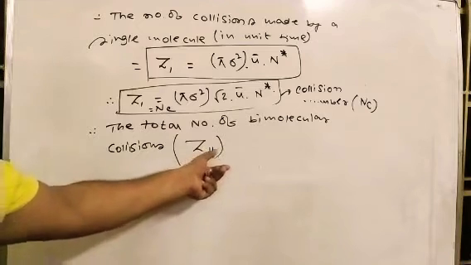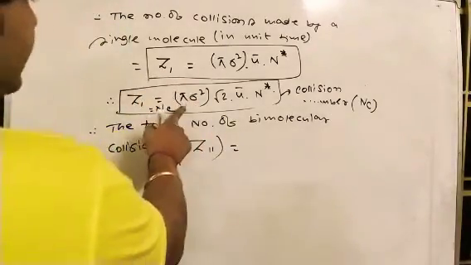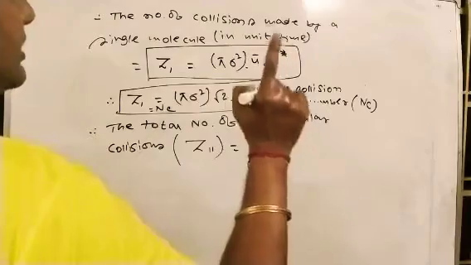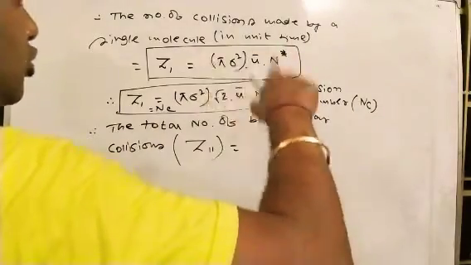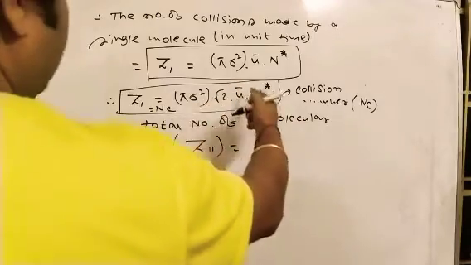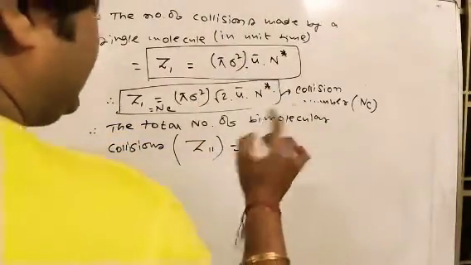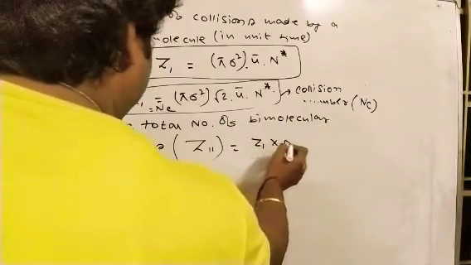So how much should it be? It should be equal to, what is Z1? What is this value, Z1? Z1 is the number of collisions taken by a single molecule. So total number of molecules are how much? N star. Total number of molecules are equal to what? N. So it should be Z1 multiplied by N.